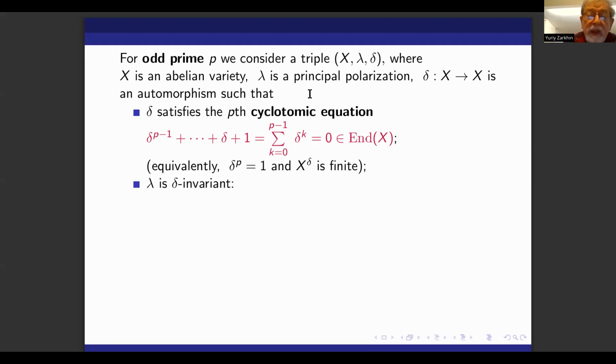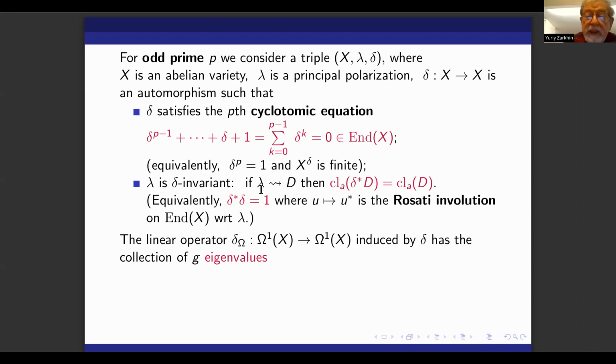Now we have a polarization lambda. I want lambda to be delta-invariant. This means that if lambda corresponds to a divisor D, then the algebraic equivalence class of D coincides with the algebraic equivalence class of the inverse image of D under delta.